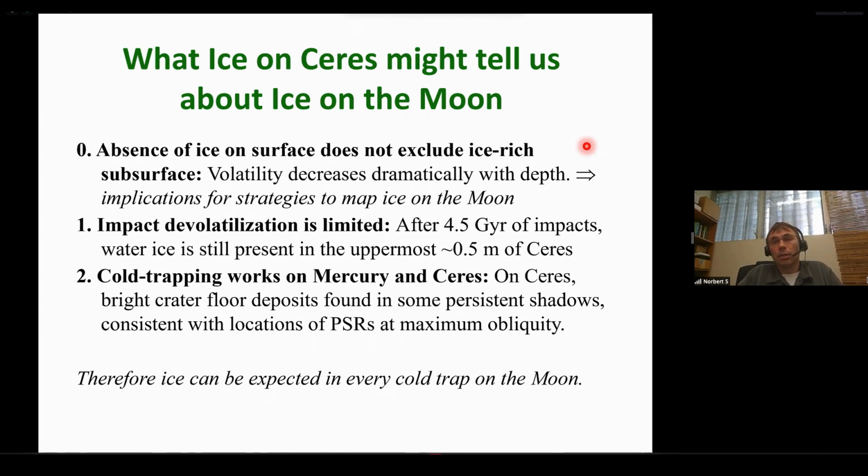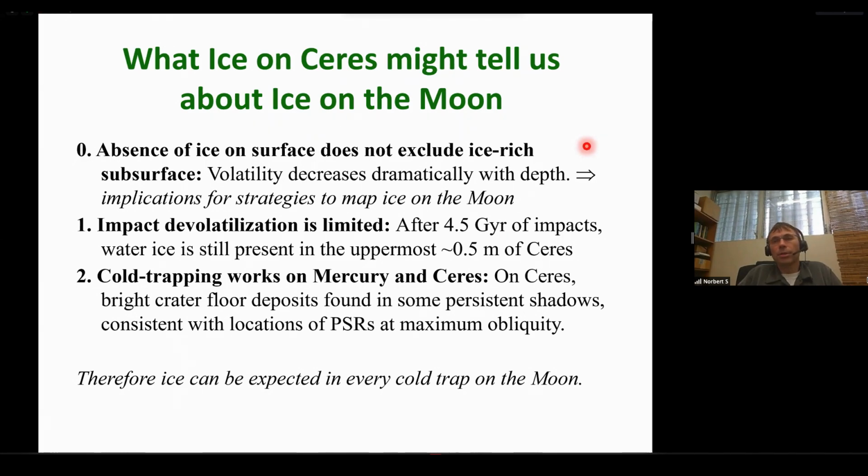Also, Ceres has been bombarded by impacts for its entire history, and yet there is still ice in the top meter, probably even the top few decimeters and centimeters. Impacts have two roles: they can devolatilize, and they can also recharge, and we don't quite understand this yet. But apparently all this impacting did not get rid of its ice. That may also be a lesson for the lunar cold traps.